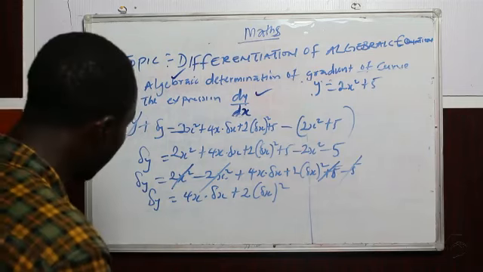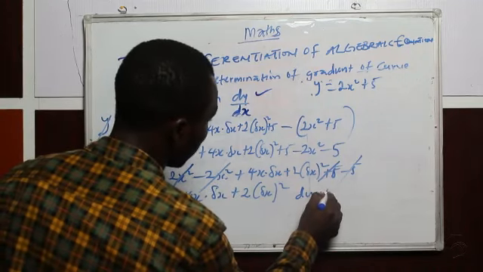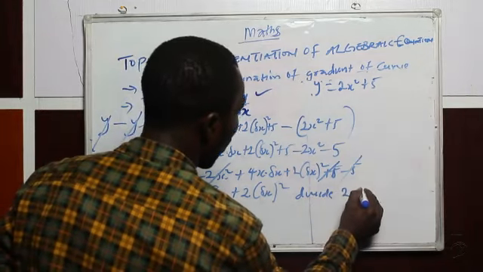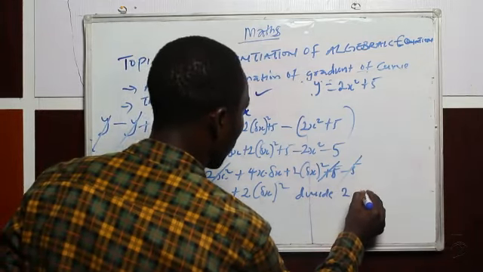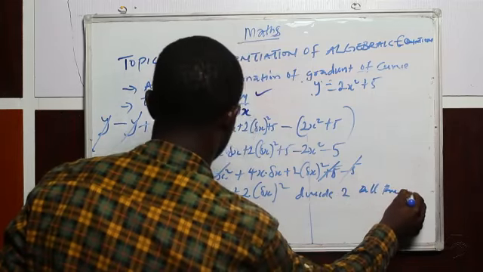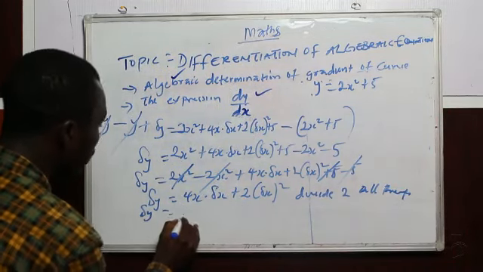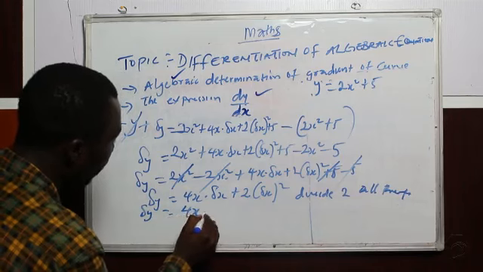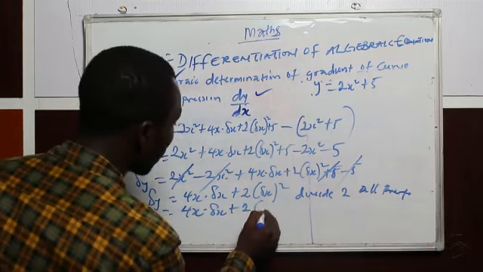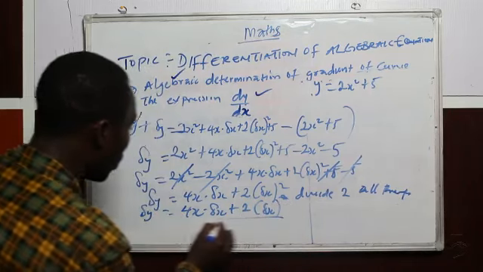The next step is we divide through the equation, which we have, Δy equal to 4xΔx plus 2(Δx)², all divided by 2.